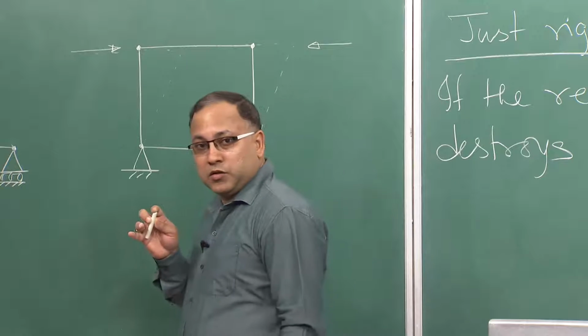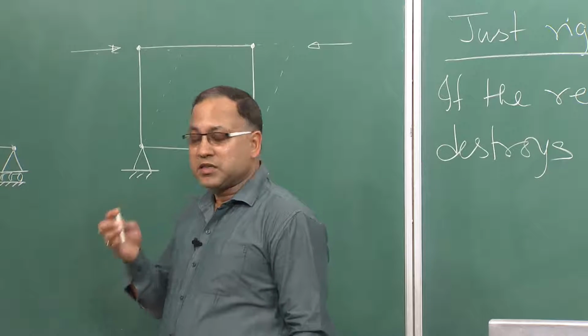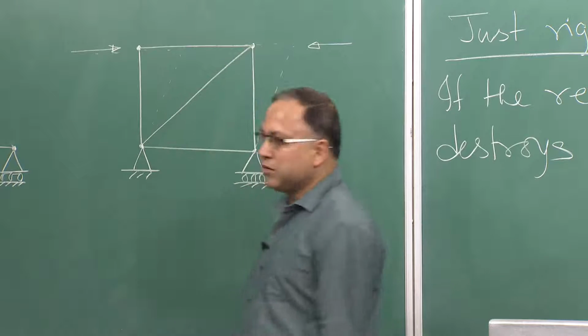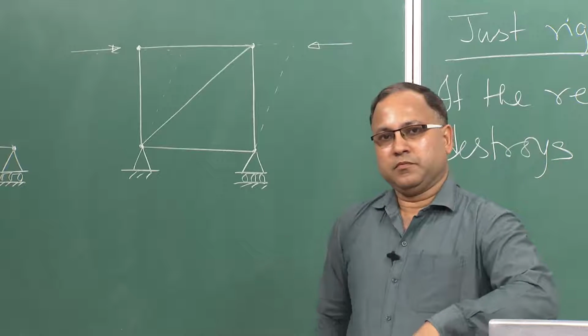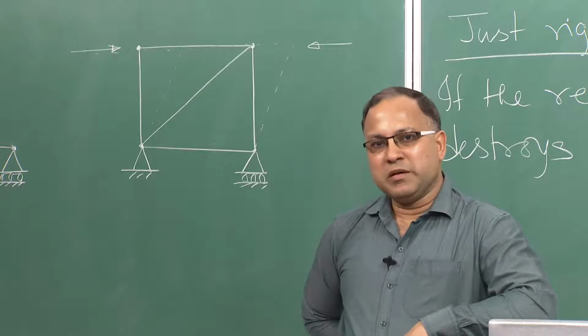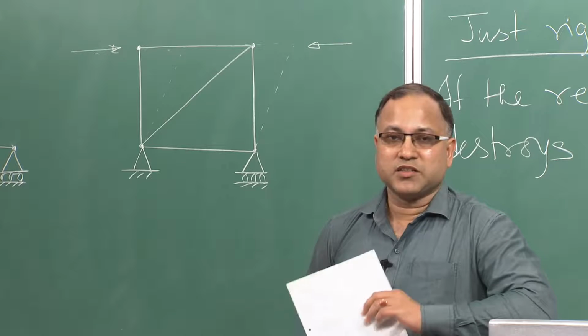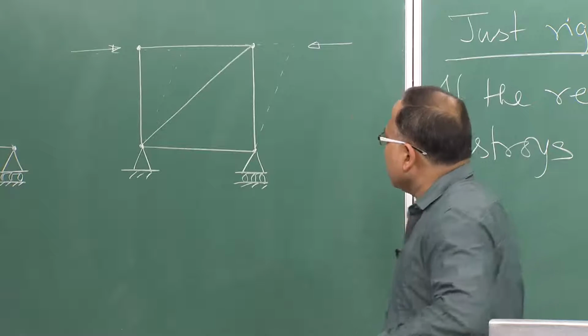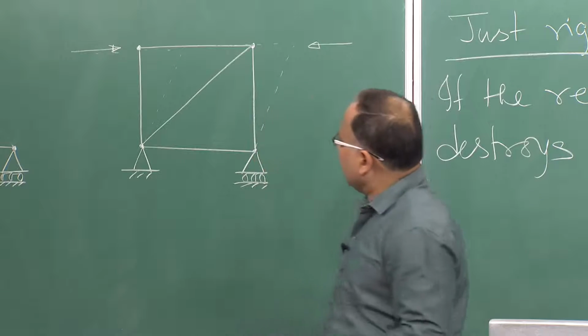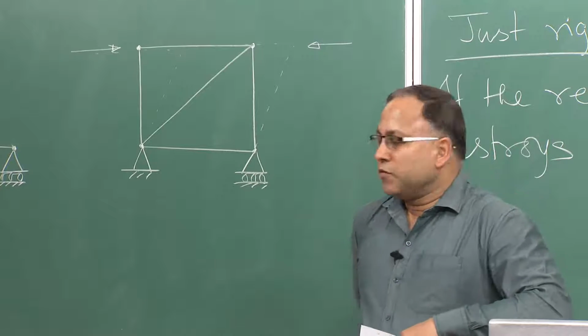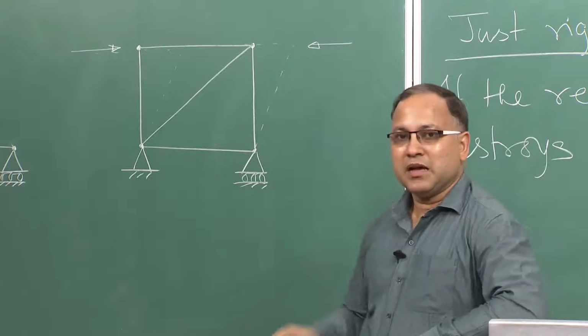But for the sake of completeness of the discussion, if I add one member here, what will happen? It will be a rigid structure. How many members are there? 5 members now. So, 5 members are making this system a rigid system.